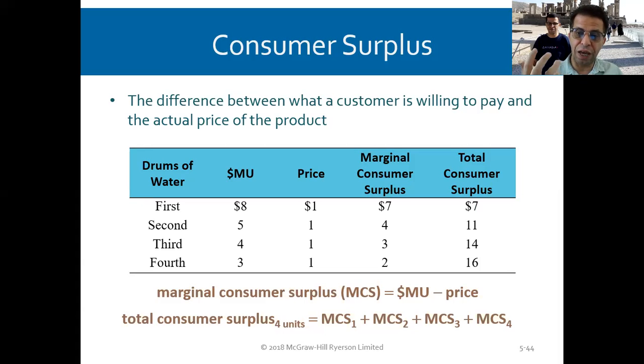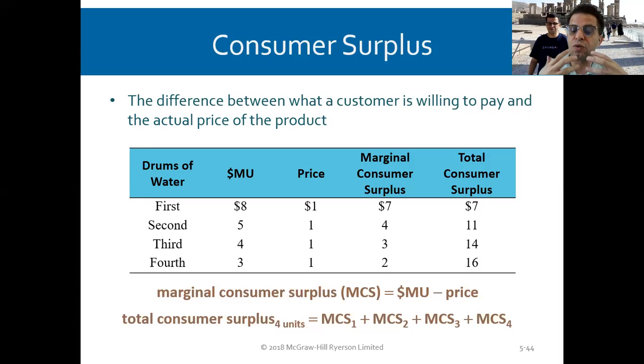You're getting a value of $8 for $1, so the marginal consumer surplus is $7. And the second one, your marginal consumer surplus is $4, but you're still paying $1. So 4 plus 7 is 11, which is the total, and the third keeps going up.